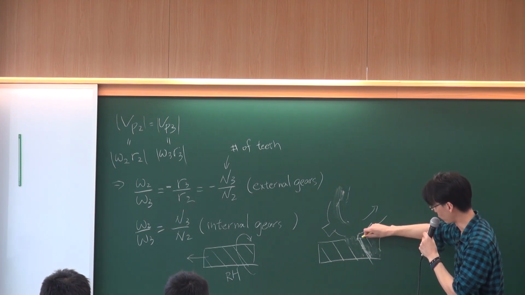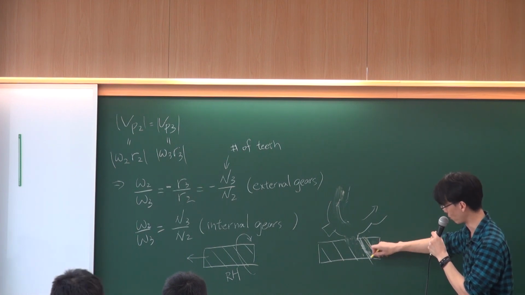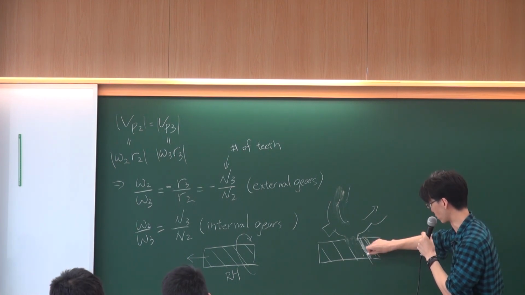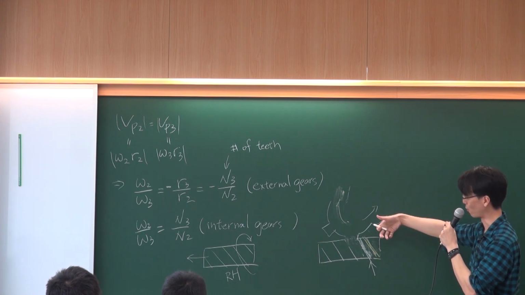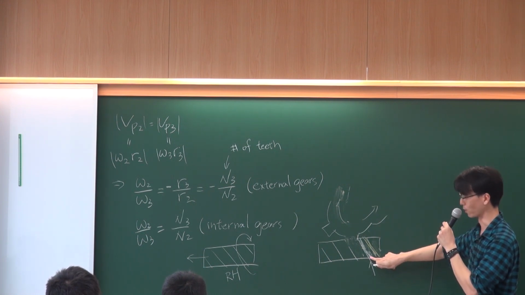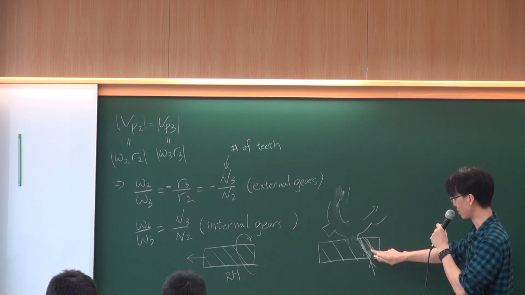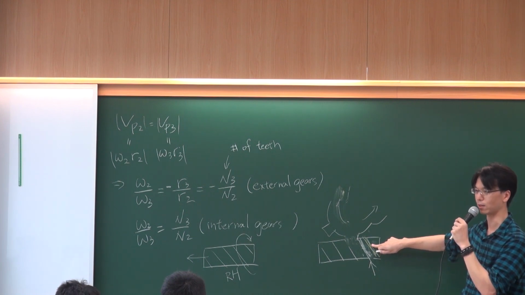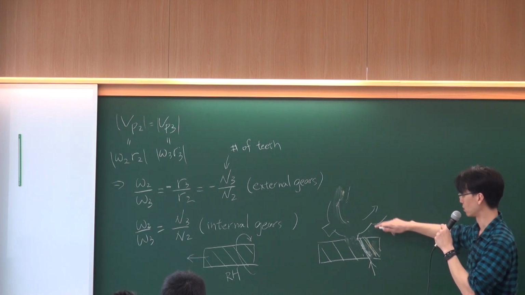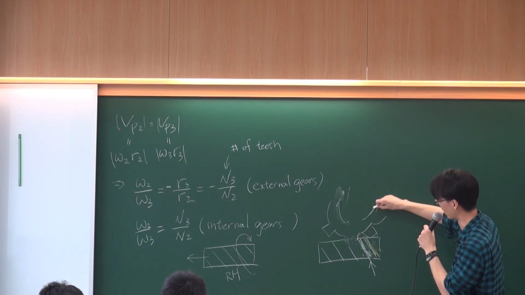If I'm rotating according to my right-hand direction, this point is going to move up. If it's moving up, then this line is going to become this line in the next moment. So sorry, I was wrong. It should push this gear in this direction.